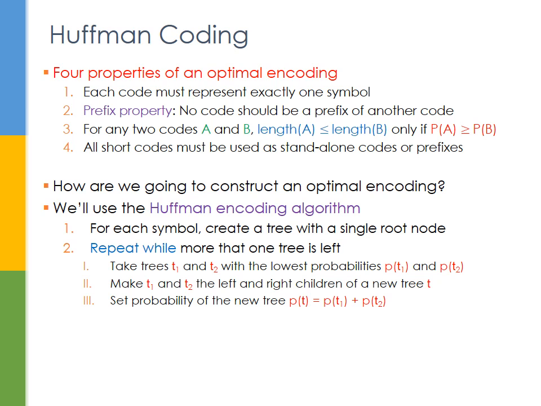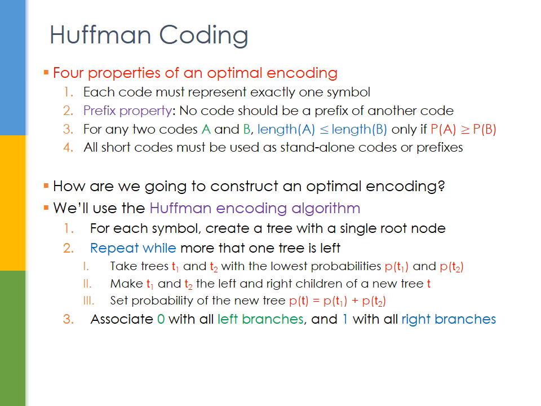For each iteration, we take 2 trees, T1 and T2, which have the lowest probabilities, Pt1 and Pt2 being the probabilities of those 2 trees. We then make trees T1 and T2 the left and right children of a new tree that we construct, which we will refer to as T, and we set the probability of this new tree to the sum of the probabilities for the trees T1 and T2 that we've set as the children for the new tree T.